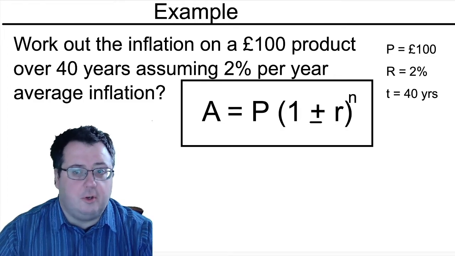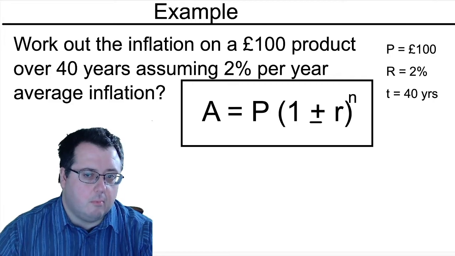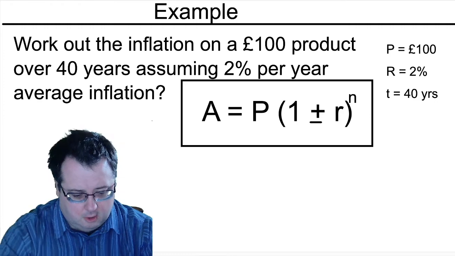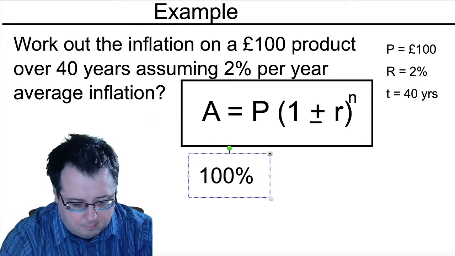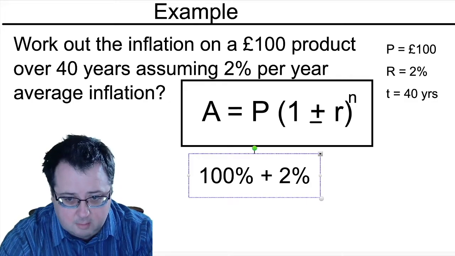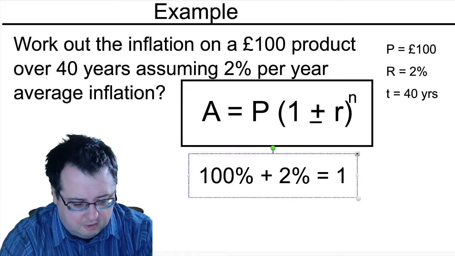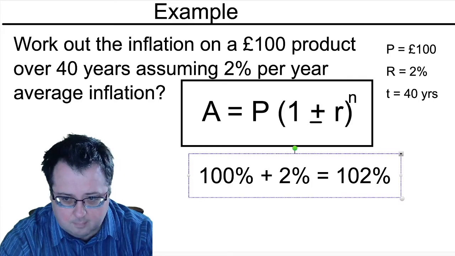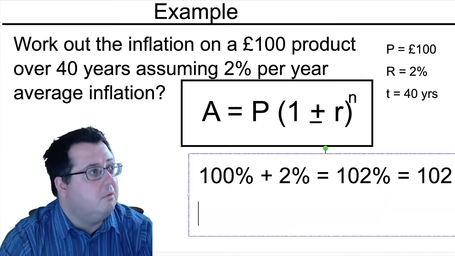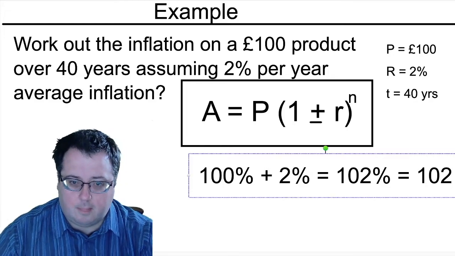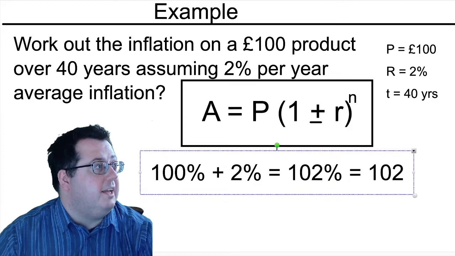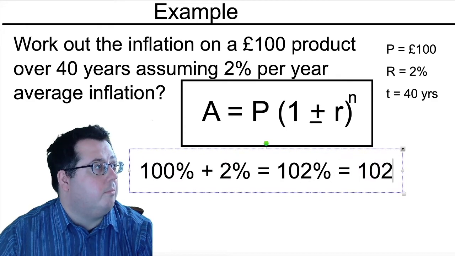2% is 0.02. Okay, or we can do it the other way, which I will do now. 100% plus 2% is 102%, which is 102 over, I'll put that over 100 in a minute. Let's just move you over here so there's room.